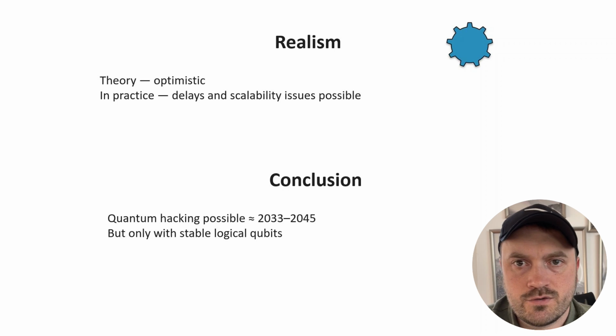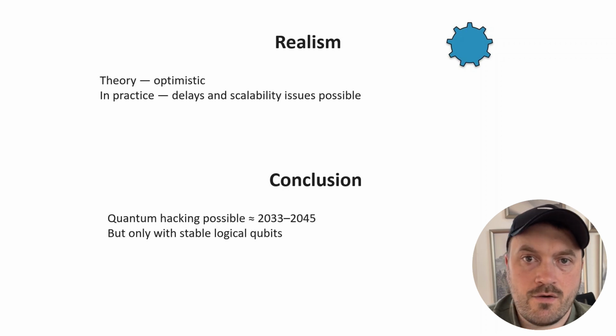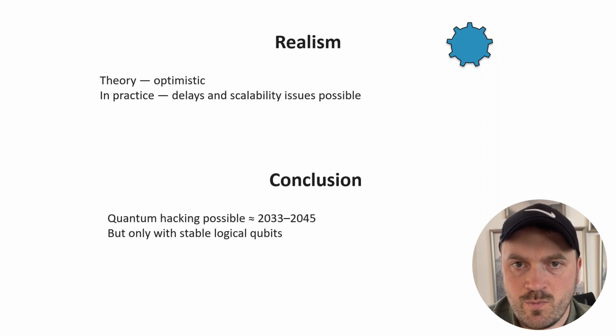Now, as a conclusion, if you go by Moore's law and assume the number of qubits in quantum computers doubles every year, then a quantum computer capable of hacking Bitcoin might appear around 2033. If development is slower, then closer to 2040-2045.